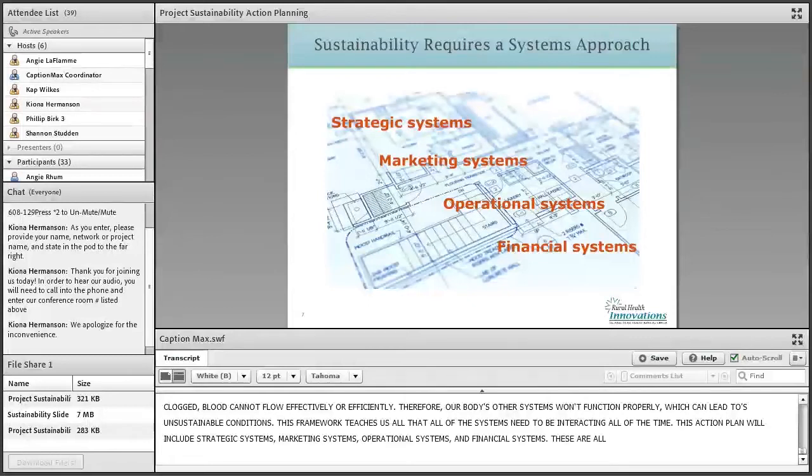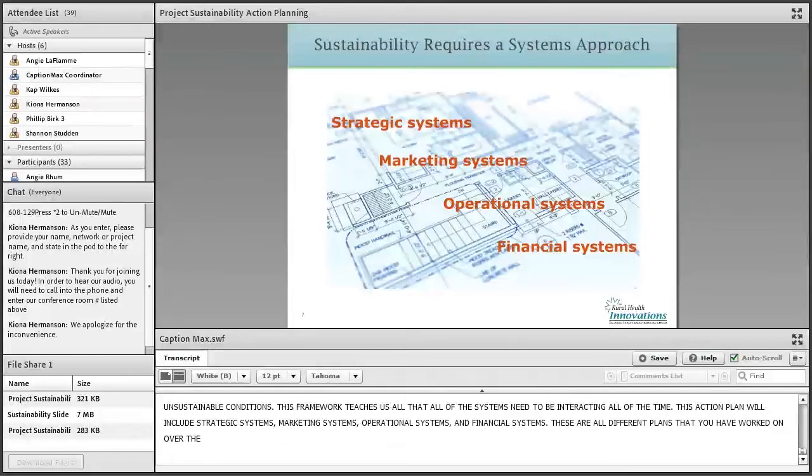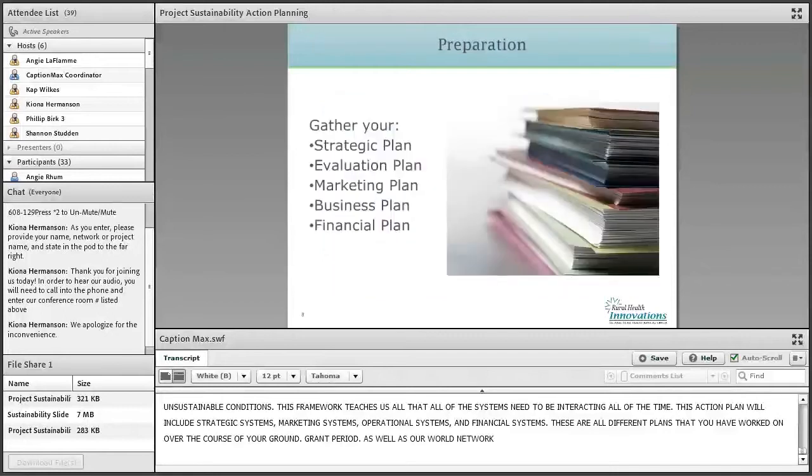And these are all different plans that you've worked on over the course of your grant period. So the systems approach has influenced the RHI Sustainability Action Plan Toolkit design, as well as our Rural Health Network Sustainability Assessment that Cap's going to be introducing to you in just a bit.